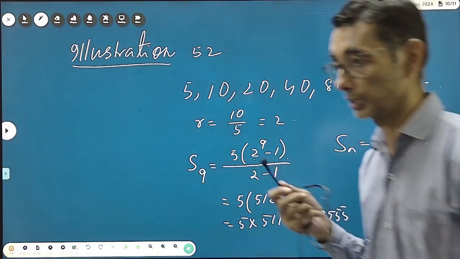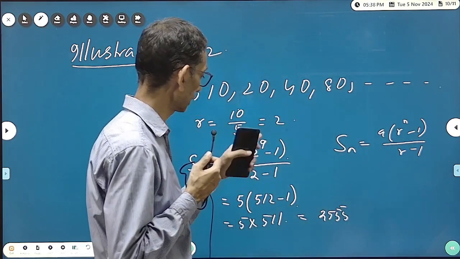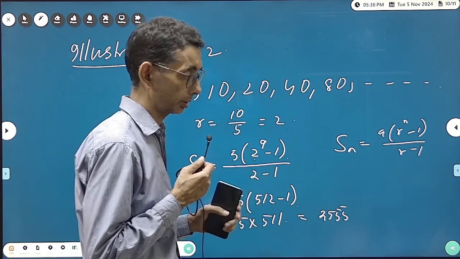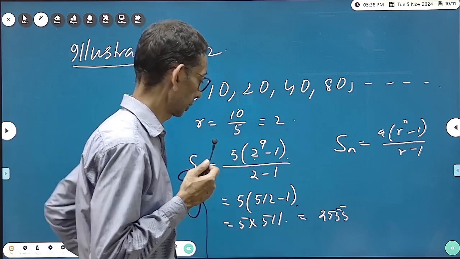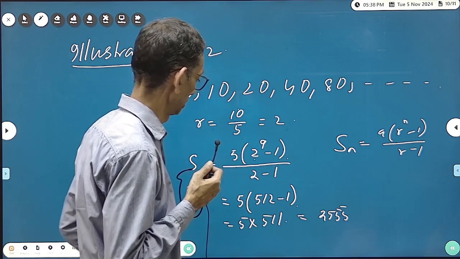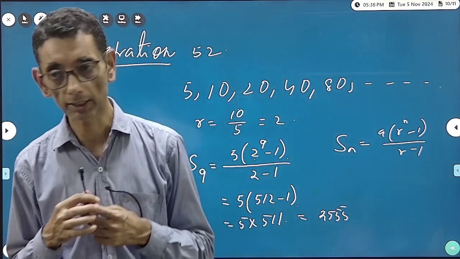Could you follow this calculation? 5 to the power n minus 1, you need to keep in mind, otherwise do the calculation. 2 to the power 9 is how much? Otherwise you have calculators, so you can use the calculator in exams.